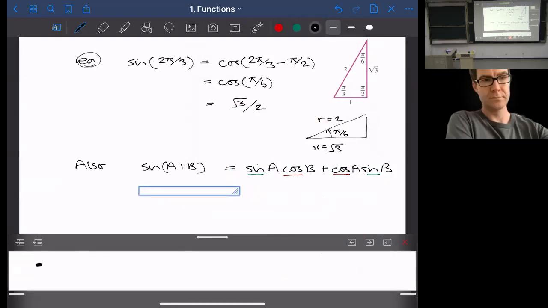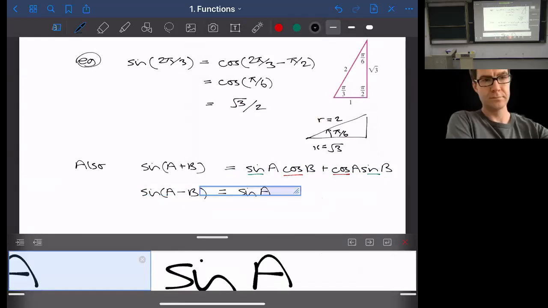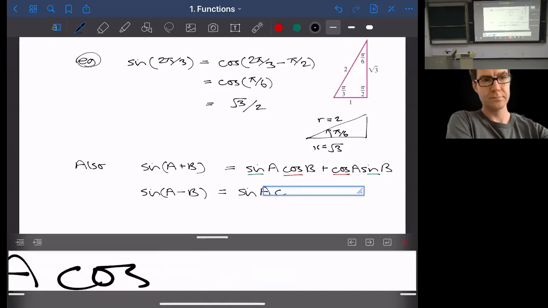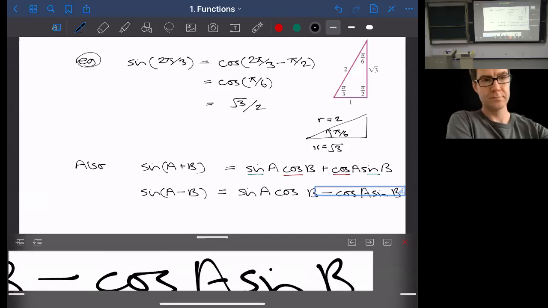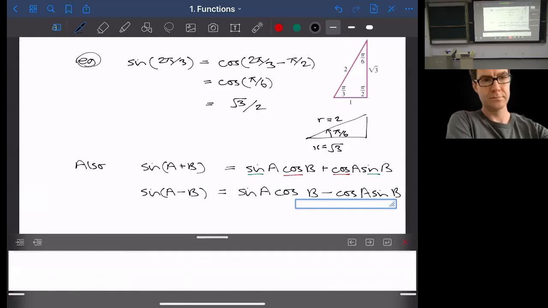And in the same way, we get a formula for sine of a minus b, using that cos is even and sine is odd. Because sine is odd, we get this minus sign here.